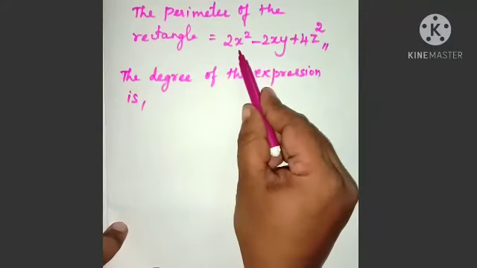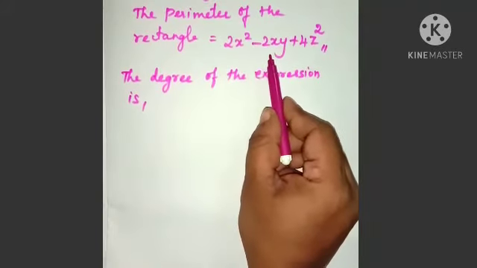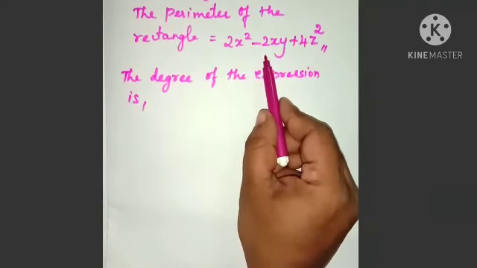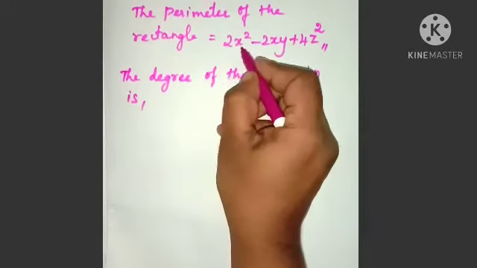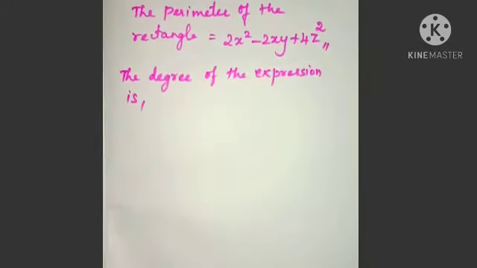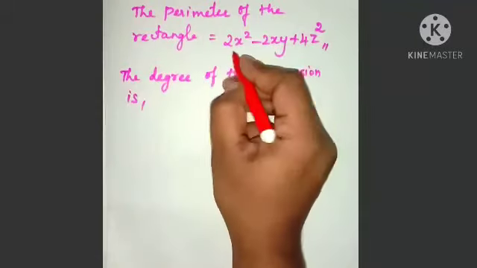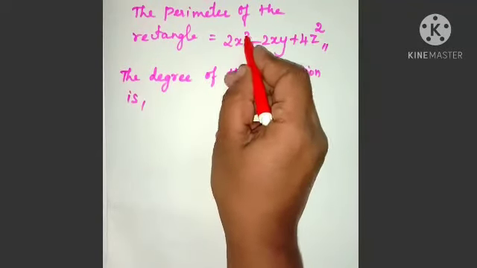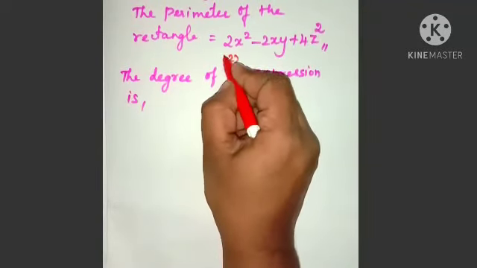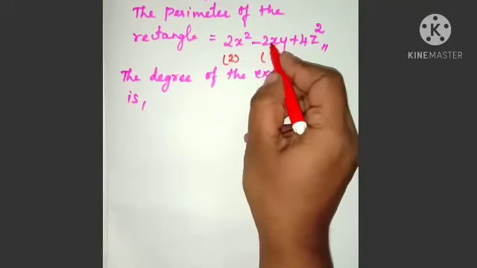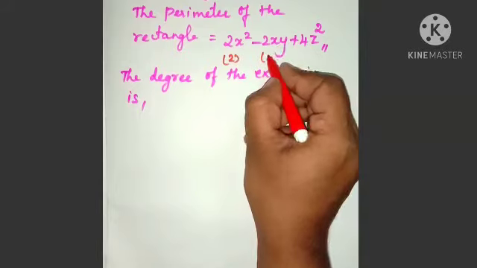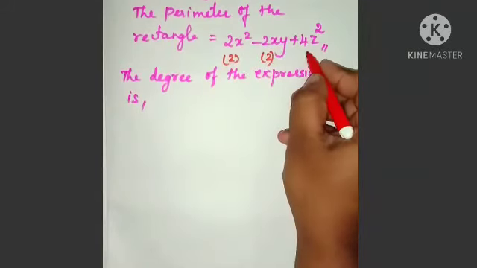Yes, the highest degree of the terms will be the degree of the expression. Here the first term 2x squared has degree 2, the degree of the term minus 2xy is 2, and the degree of 4z squared is 2.